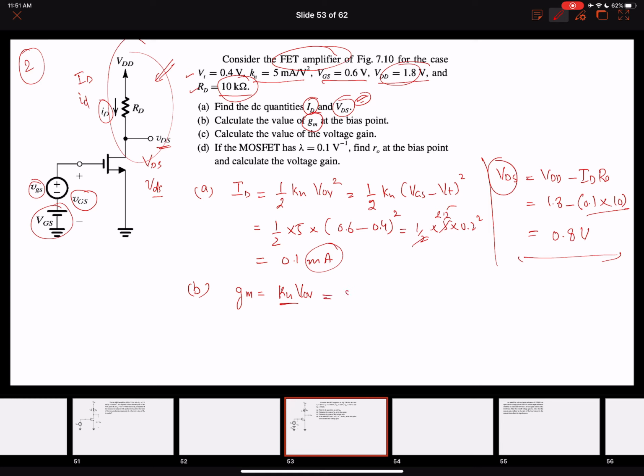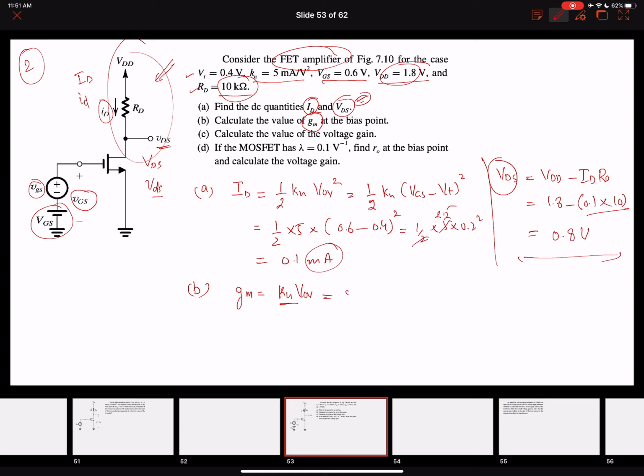But what actually happens beyond the pinch off region, beyond this Vov voltage, the length of the channel reduces and we get some finite resistance R naught, and that resistance will appear in parallel to the drain resistance. Another thing that we did earlier, coming from chapter number 5, is that the value of R naught is proportional to the early voltage and inversely to the drain current.